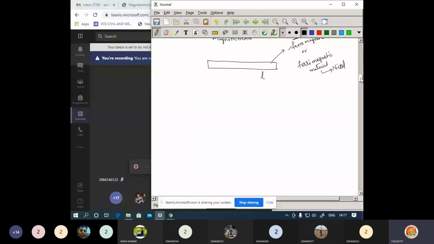Now what is the concept going on? For every material, there will be a concept of vibrations. Every material can vibrate. Depending on the vibrations, we are going to take the concept of frequency of vibrations of this particular material.